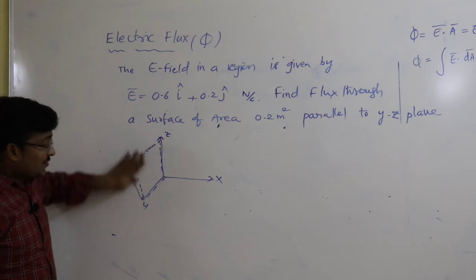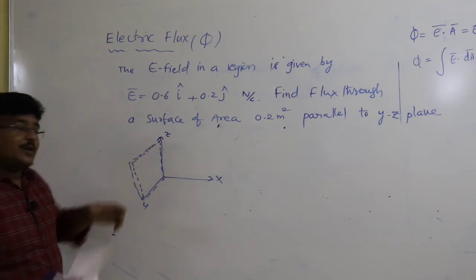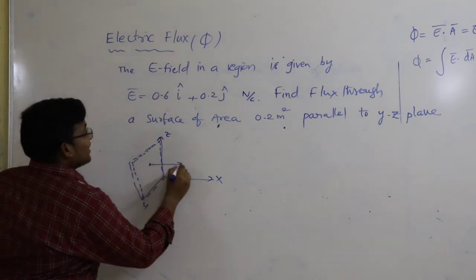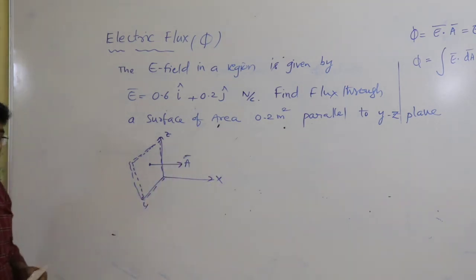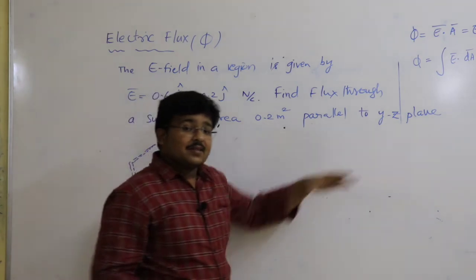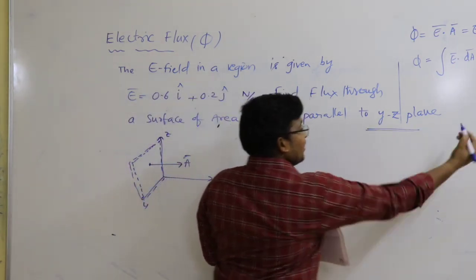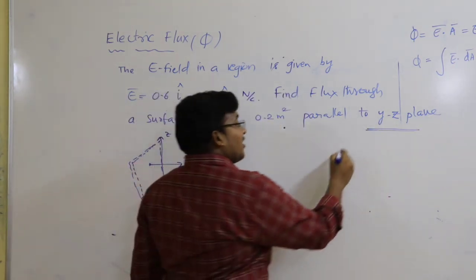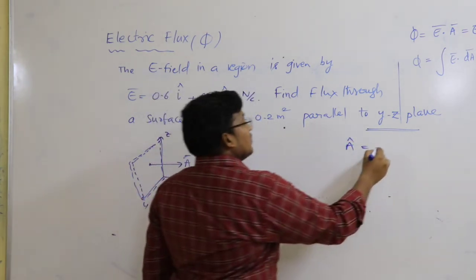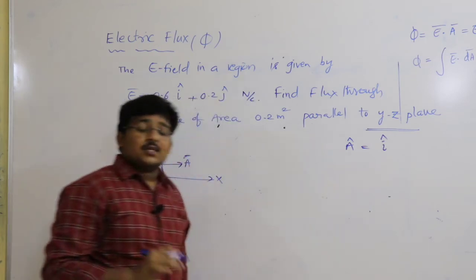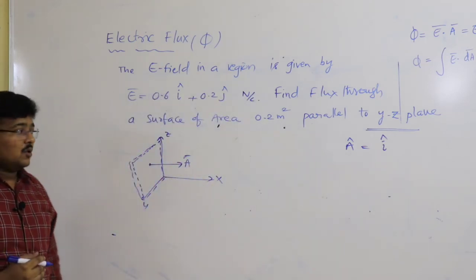Automatically, for this YZ plane the area vector will be along the X axis. This is the area vector direction. So as the surface is in the YZ plane, the direction of the vector will simply be the X axis, so I can take I cap.